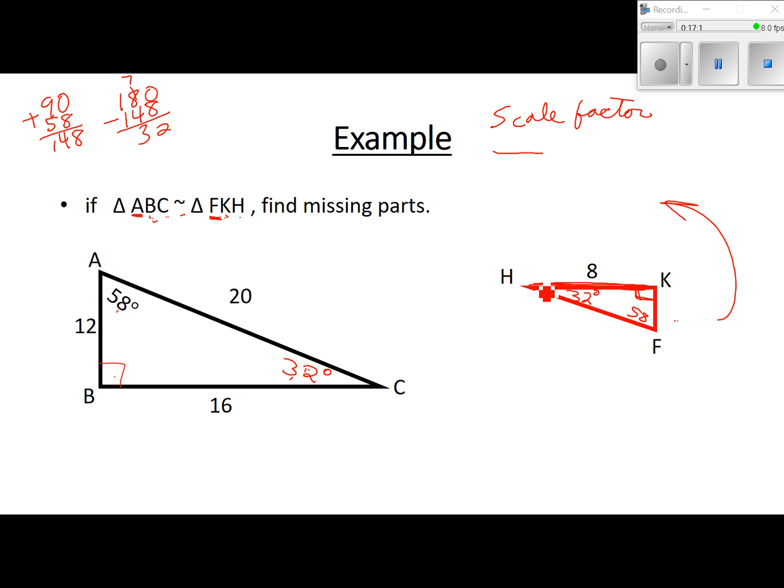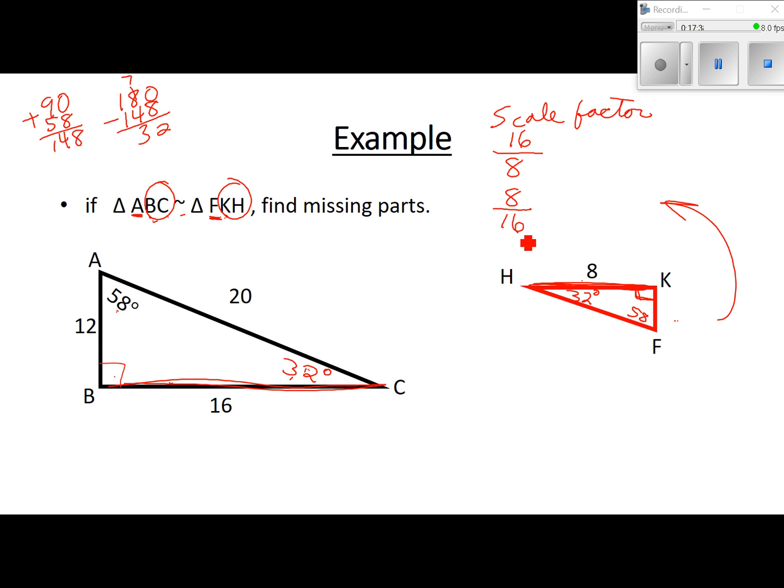Well, HK, that's those 2 letters, so it'd have to be BC over here. That's right here. So BC is going to match up to HK. That means our scale factor is going to be 16 over 8, and you could reduce that down. Or if you wrote it the other direction, it could be 8 over 16. It really makes no difference as long as you match up other stuff.